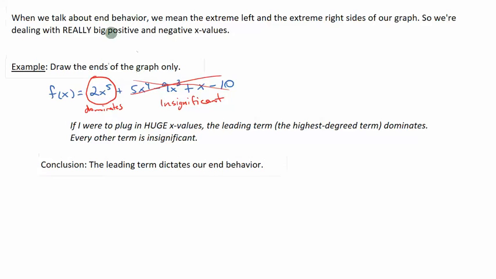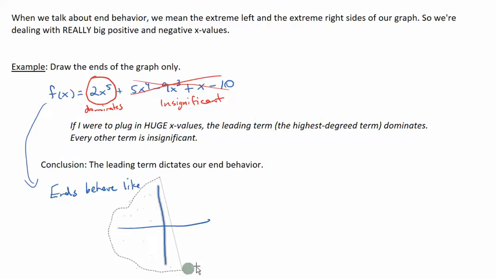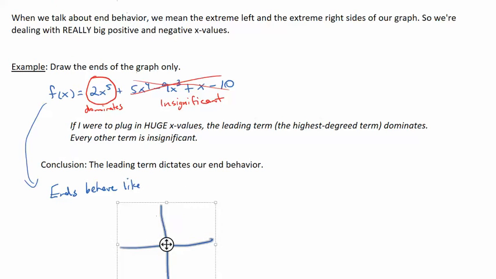Okay? So the end behavior of this graph, the ends, look like this. They behave like y equals 2x to the fifth. Okay?